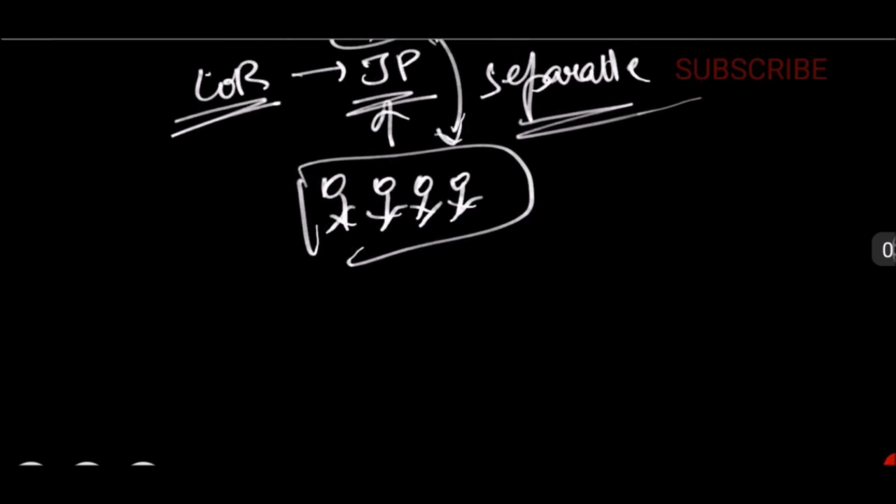The third point is perpetual succession. Perpetual succession means the life of the trade union does not depend on the life of the members who have formed it. Members may come and members may go, but the trade union goes on forever.